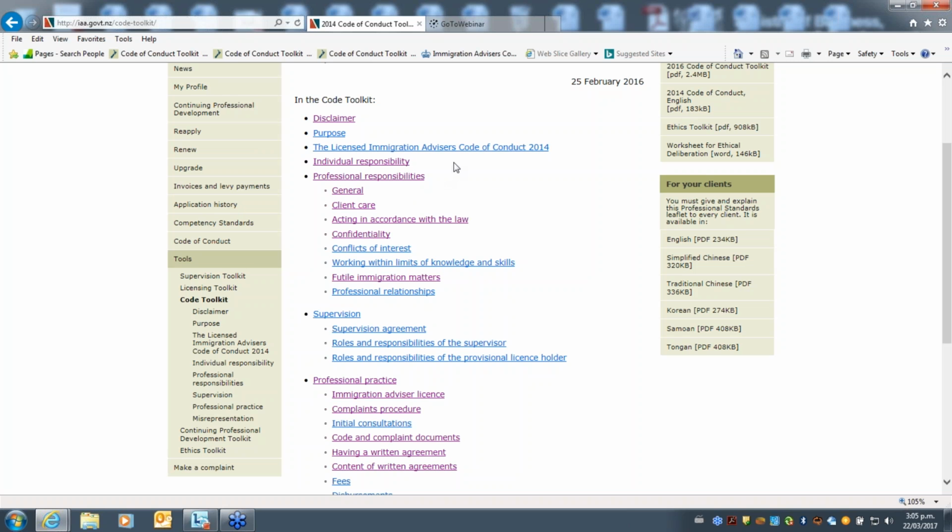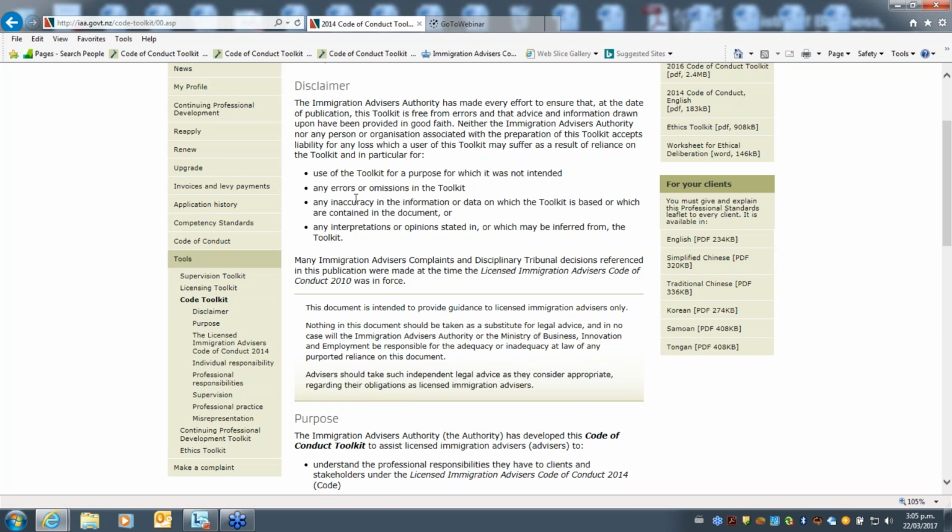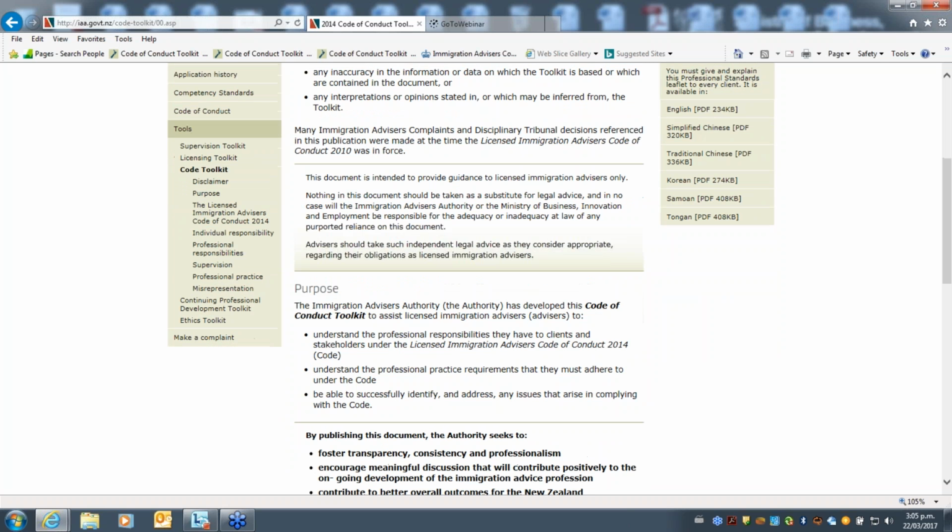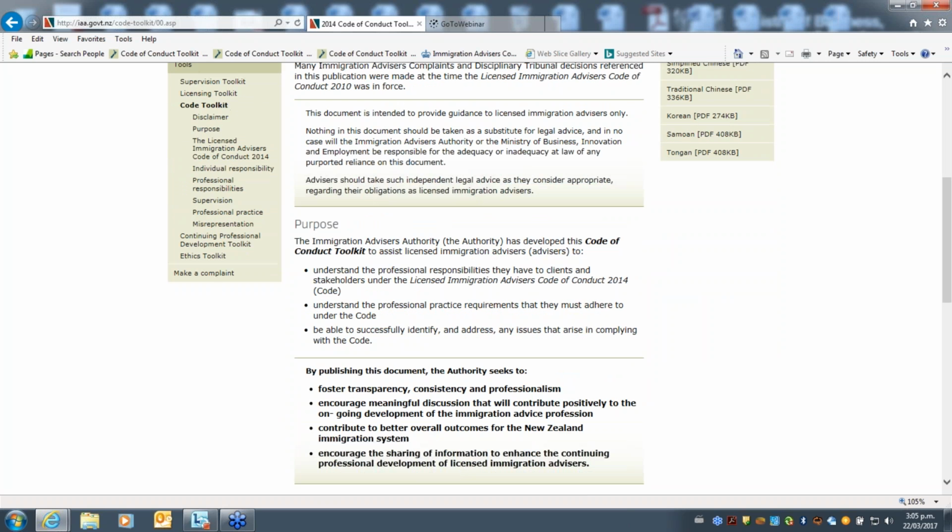So I will start talking through the code now. If you are looking at our toolkit, you will see that the purpose of the toolkit is really to be of assistance and to provide some guidance. What it's not doing is creating an additional set of rules. The requirements in the code are in the code.